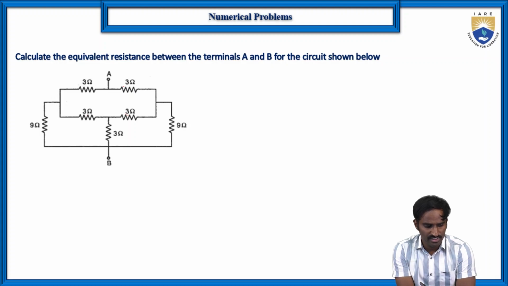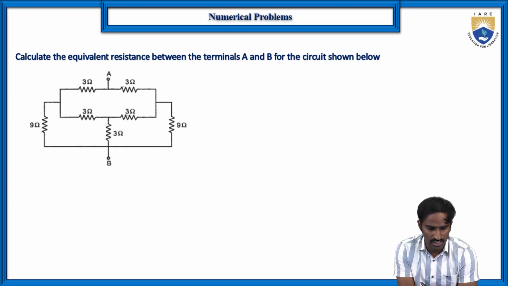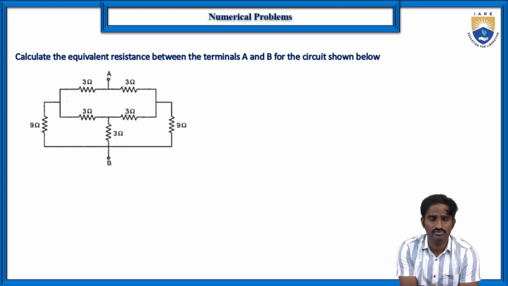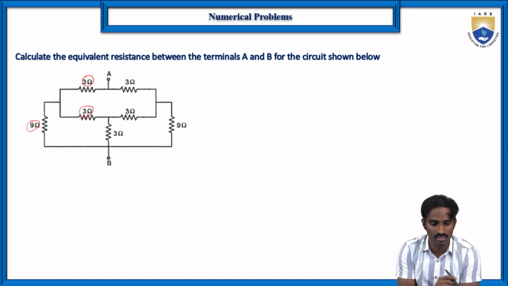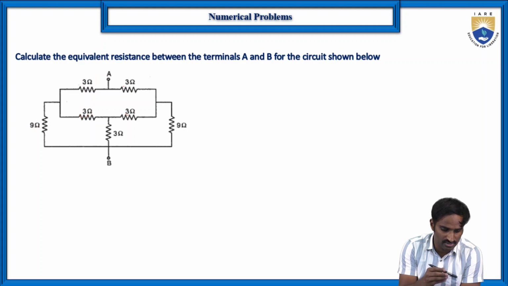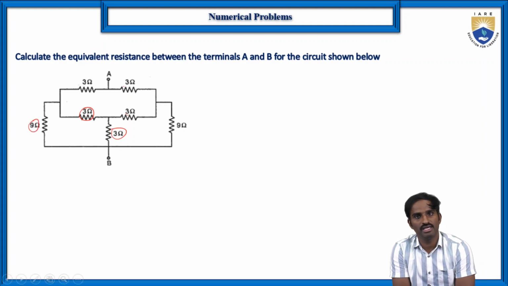So here, let me draw how we are going to transform this circuit into the star transformation. There are two ways to convert, because as you can see, these 3 ohms and 9 ohms are in star connection. Or in other words, these 3 ohms, 9 ohms and 3 ohms are delta connected.